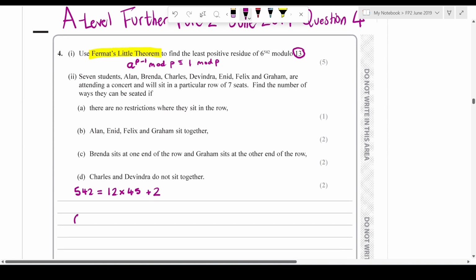We've now got 6 to the power 542 mod 13, and I'm going to write that as 6 to the power of 12, to the power of 45, times 6 squared. We're still thinking mod 13.